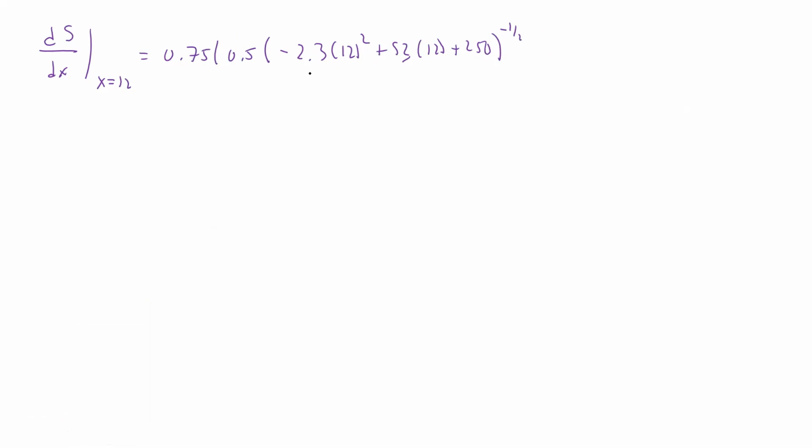I'll put the parentheses there. And then I have the negative 4.6 times 12, plus the 53.